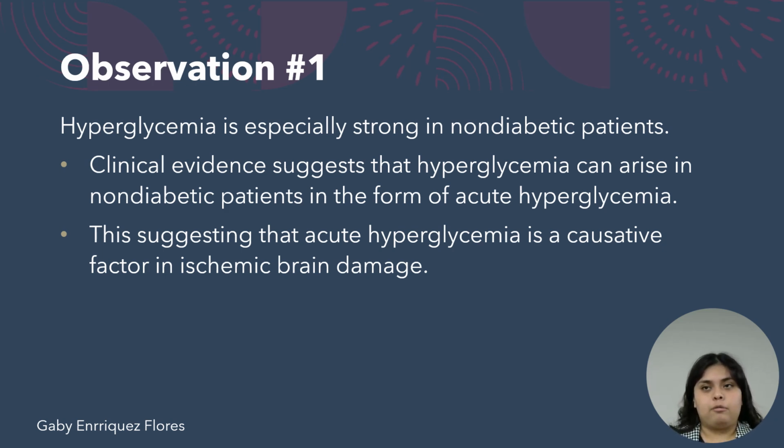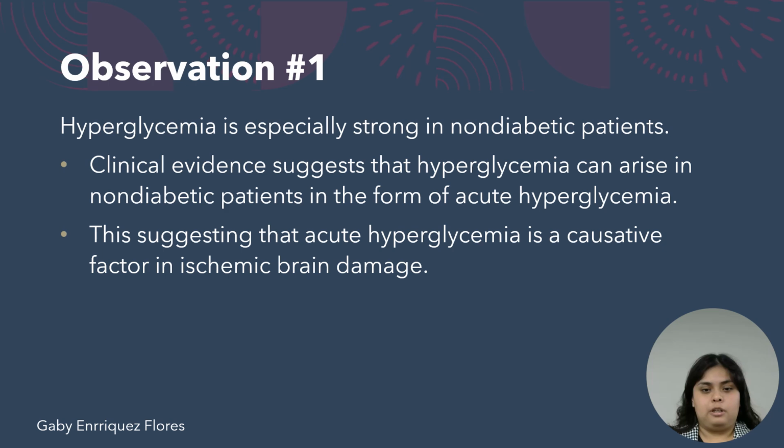The difference between acute and chronic hyperglycemia is, as it suggests, that acute hyperglycemia is a short-term rise of blood glucose levels, which is mostly present in non-diabetic patients, and can arise from stress, poor eating, or any other process that makes the blood glucose go higher.